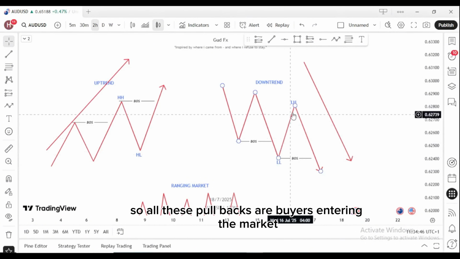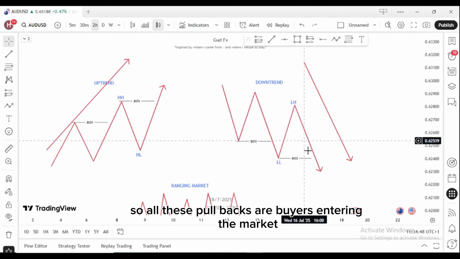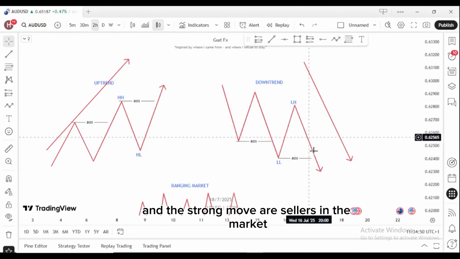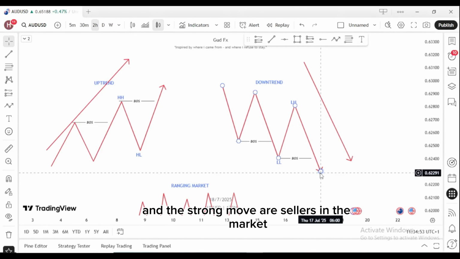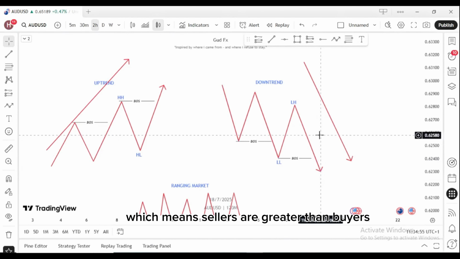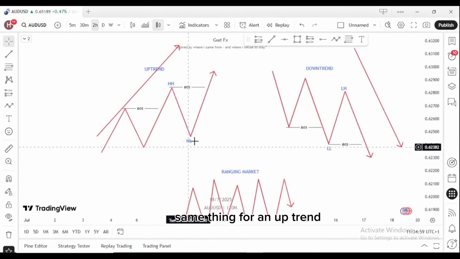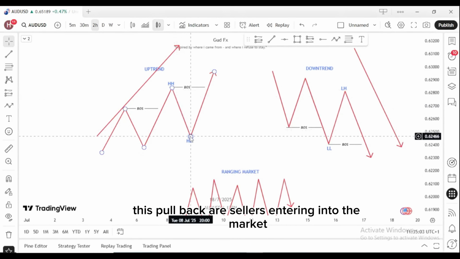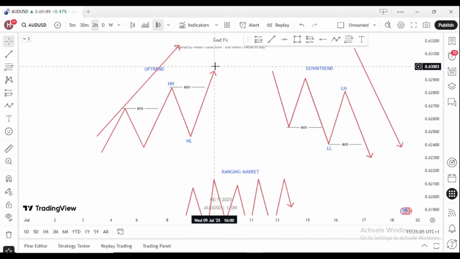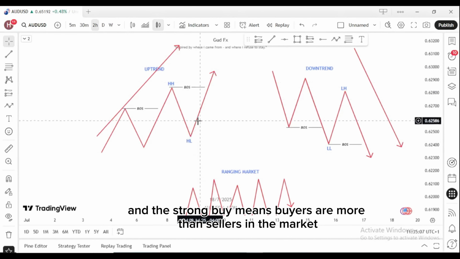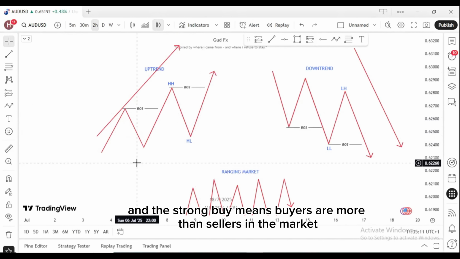So all these pullbacks are buyers entering the market, and the strong moves are sellers in the market, which means sellers are greater than buyers. Same thing for an uptrend. This pullback is sellers entering the market, and the strong buy means buyers are more than the sellers in the market.